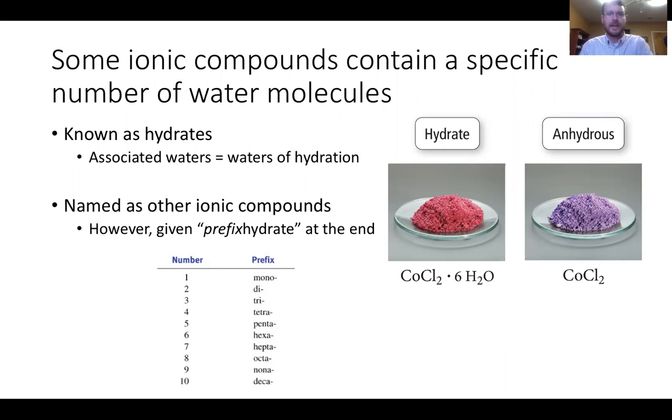So let's look at cobalt chloride, right? Cobalt chloride, actually I think it's cobalt 2 chloride. Cobalt 2 chloride, and then there's 6 waters. 6 is hexa, so we would say cobalt 2 chloride hexahydrate. What a name. You know, Epsom salt, if you've ever had sore muscles, they usually tell you to take an Epsom salt bath.